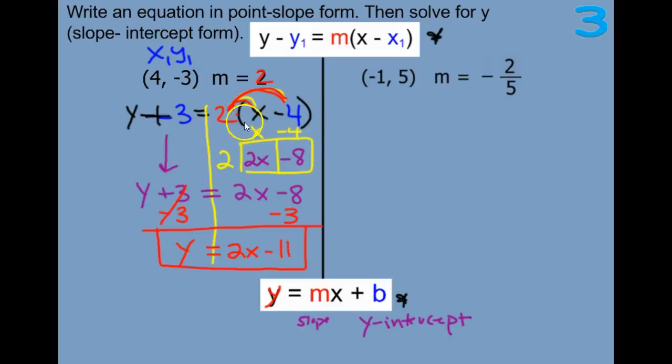Let's try another one. We're going to write the equation in point-slope form right here, and then solve for y. So here's my point, x, y, my first point, my only point, to plug in.